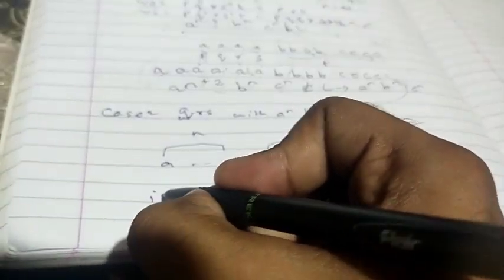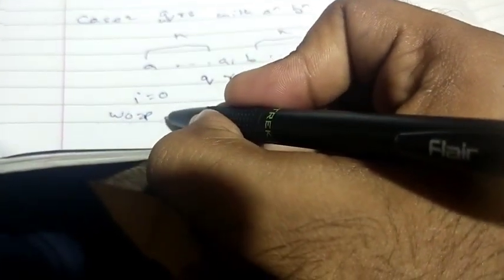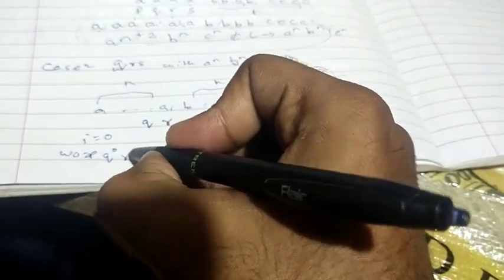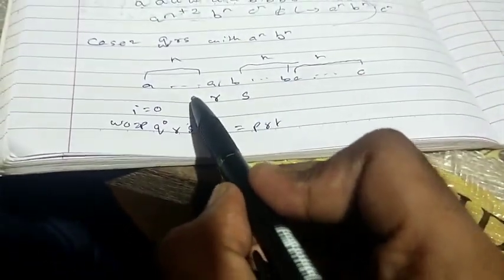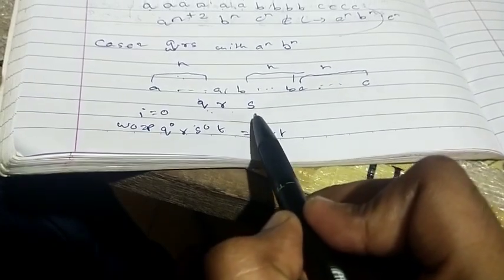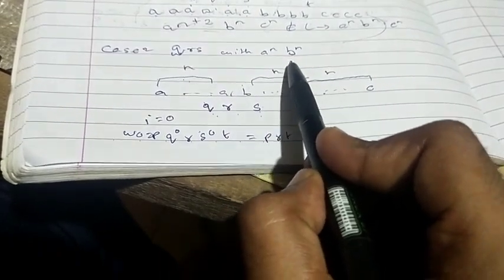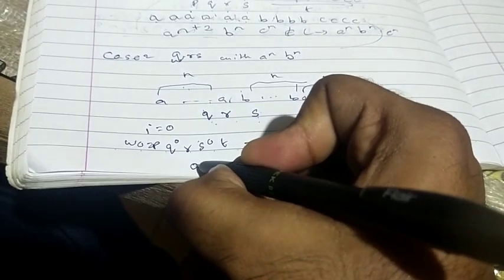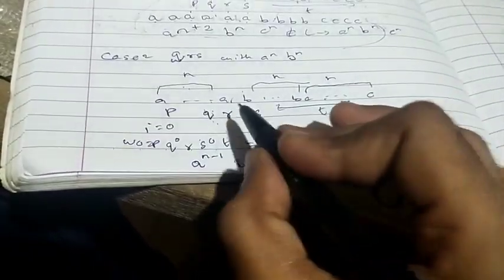If I take i equal to 0, how will this be written? W0 equals PQ^0RS^0T, that is PRT, and this will result in, as we are removing 1 A from n, since Q belongs to A, and 1 from B, since S belongs to B, because QRS is placed between A and B, A^(n minus 1), as only 1 A is removed, then B^(n minus 1), and C^n stays the same, as nothing is removed from P and T, and R is also not removed.